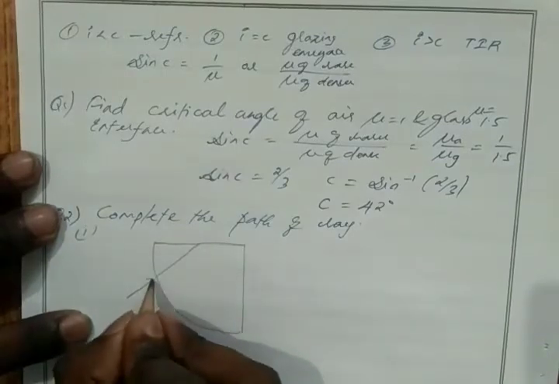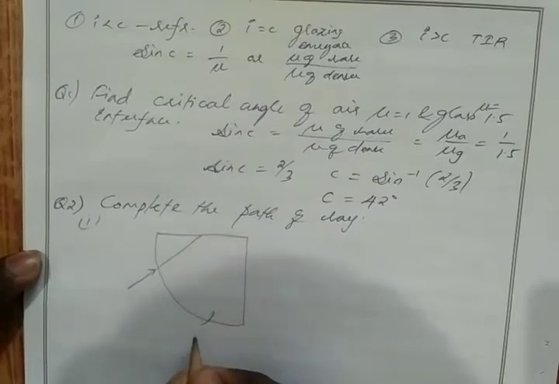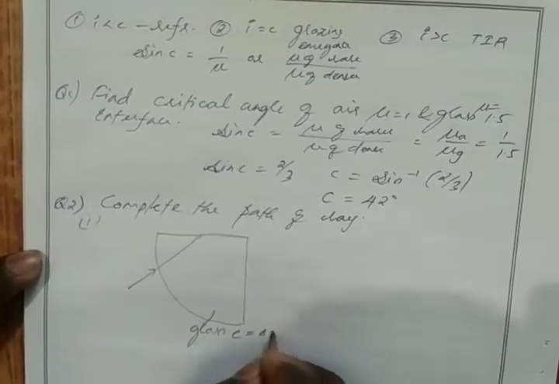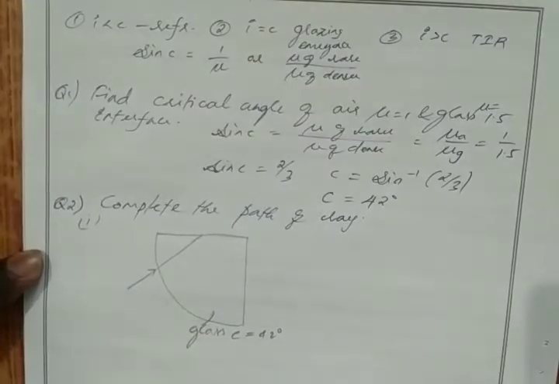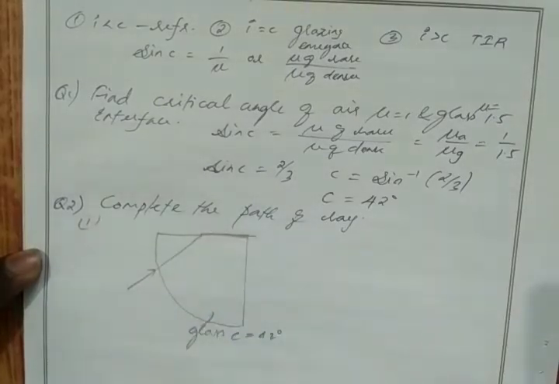So this is our incident ray. This medium is given as glass and its critical angle is also given, 42 degree, which means if a light ray passes on this glass at 45 degree, then it moves like this, correct?